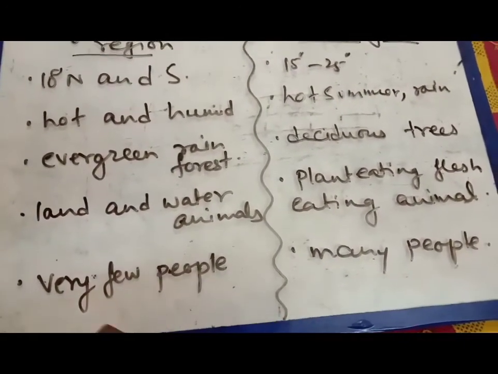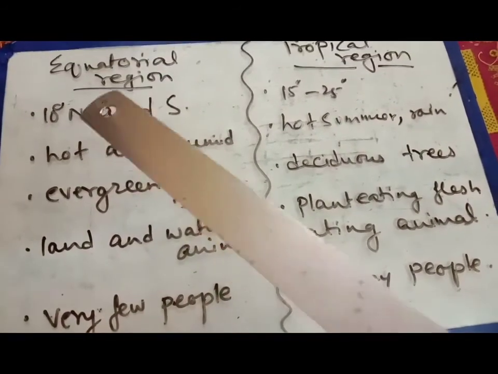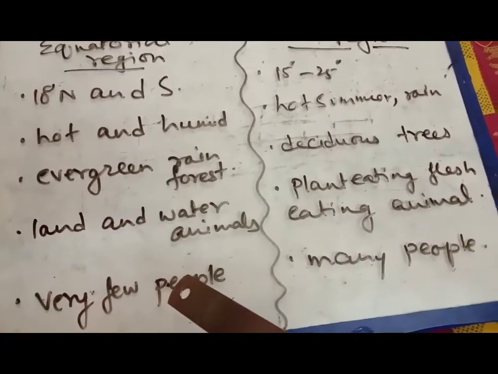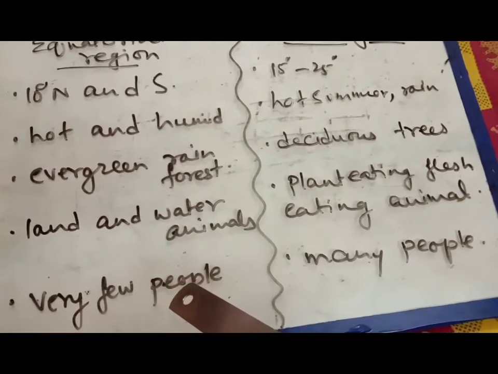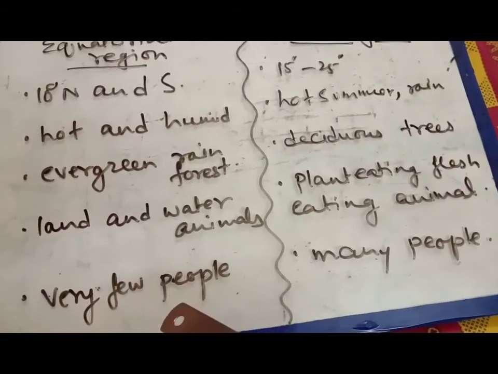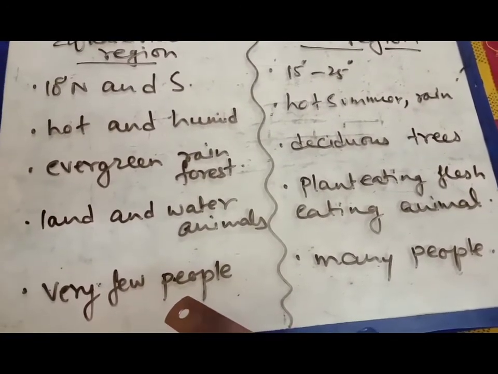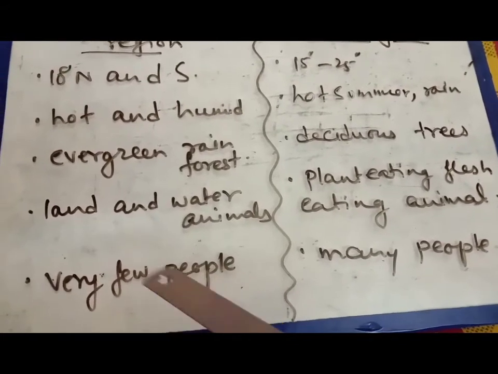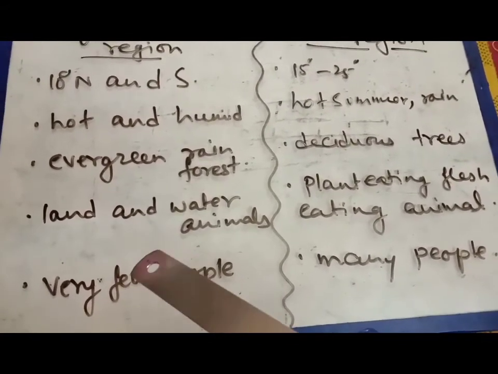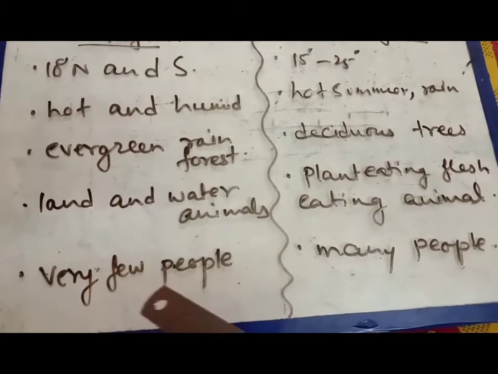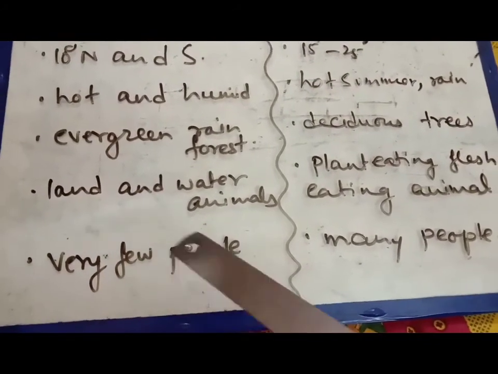Now the next point, very few people. This place, the equatorial region, is not favorable for human beings. It is not very good for human beings, so obviously few people live here, basically tribal people.